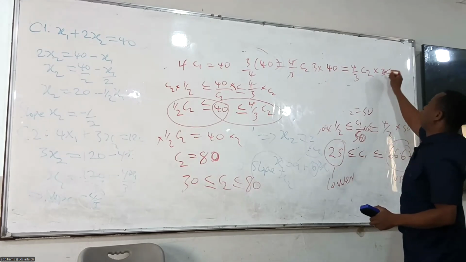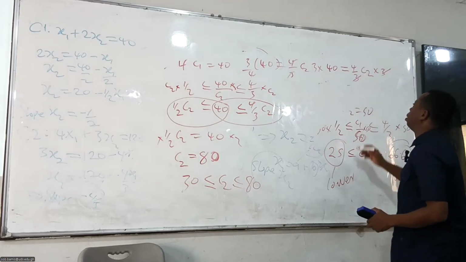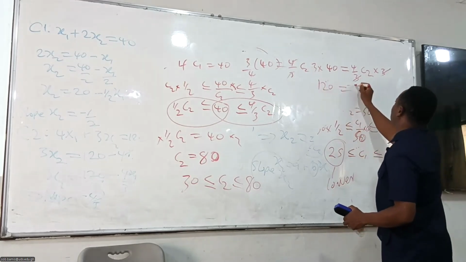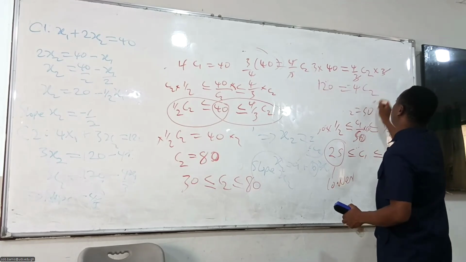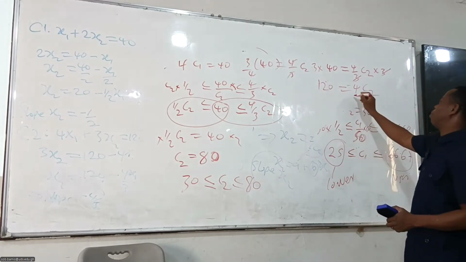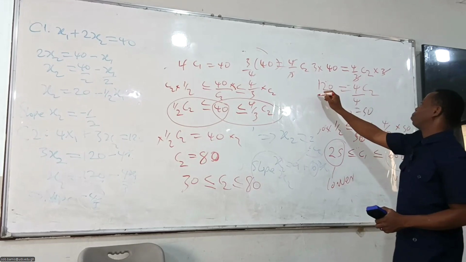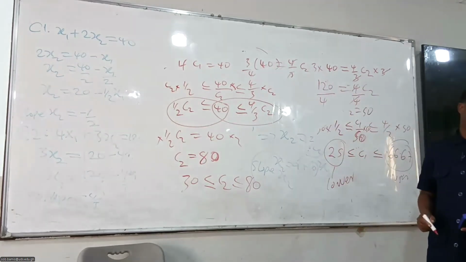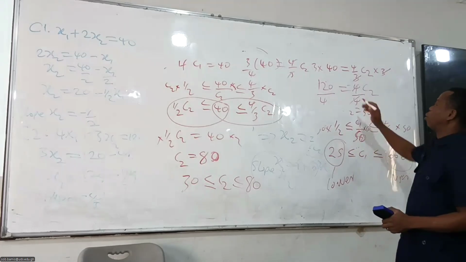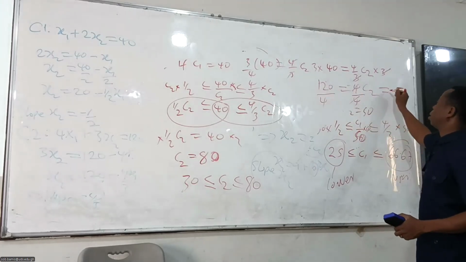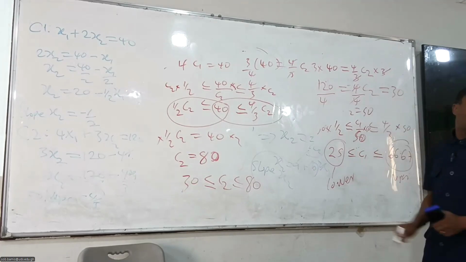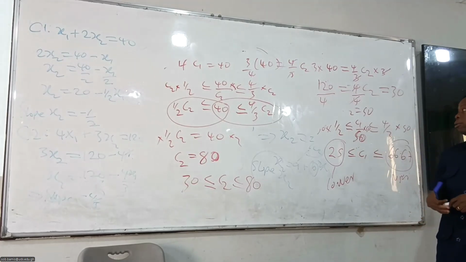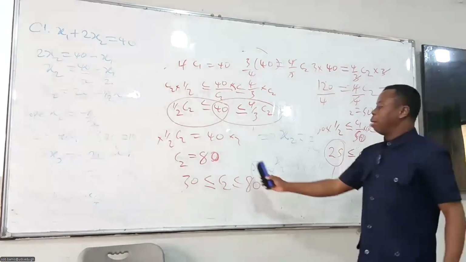So this will cancel this. So you have 120. It's equal to 4C1. Then you divide through by 4. So this will now be equal to 10. So that's how we got there.